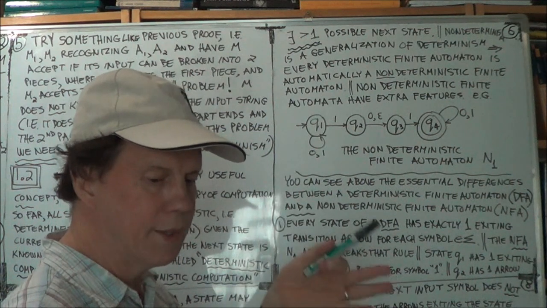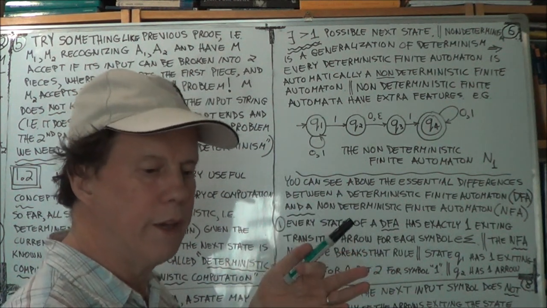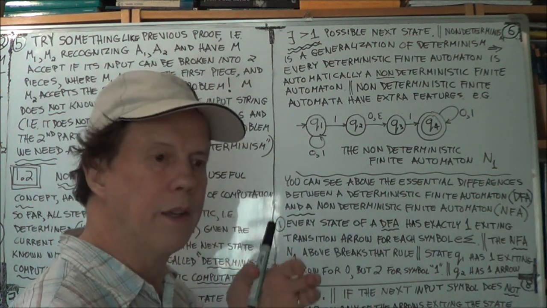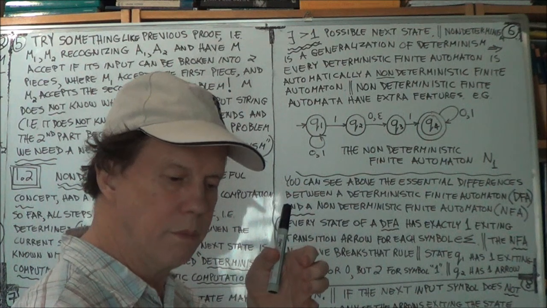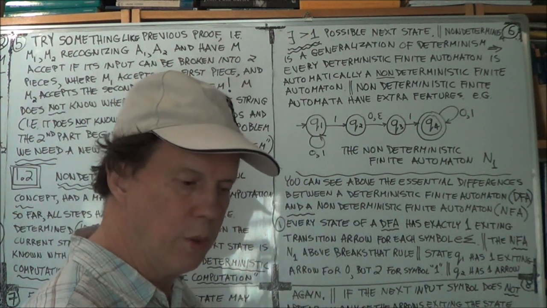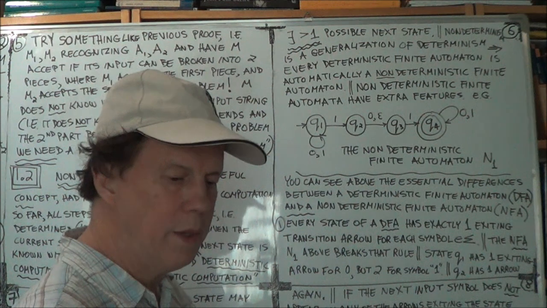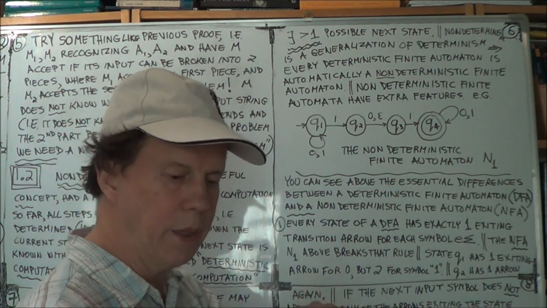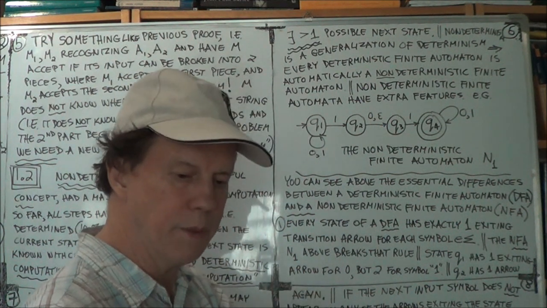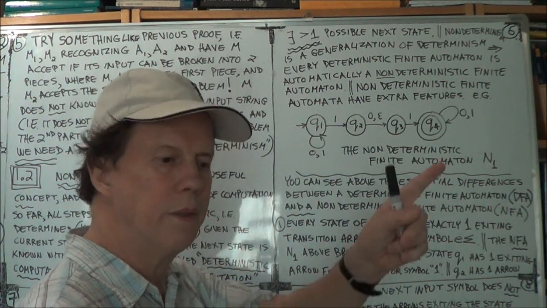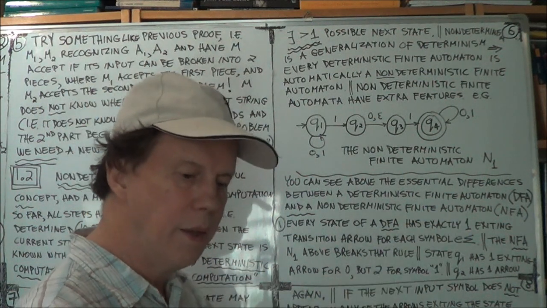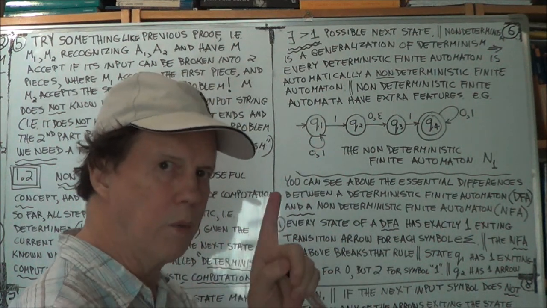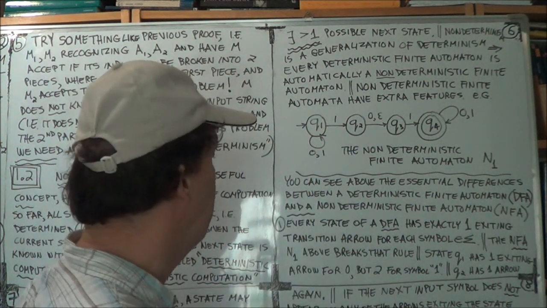There's only one next state in a DFA when you're in a given current state and a given input symbol comes in. In other words, there's only one exiting arrow for that pair, the pair being the current state and the input symbol, to some other next state. Exactly one and only one.